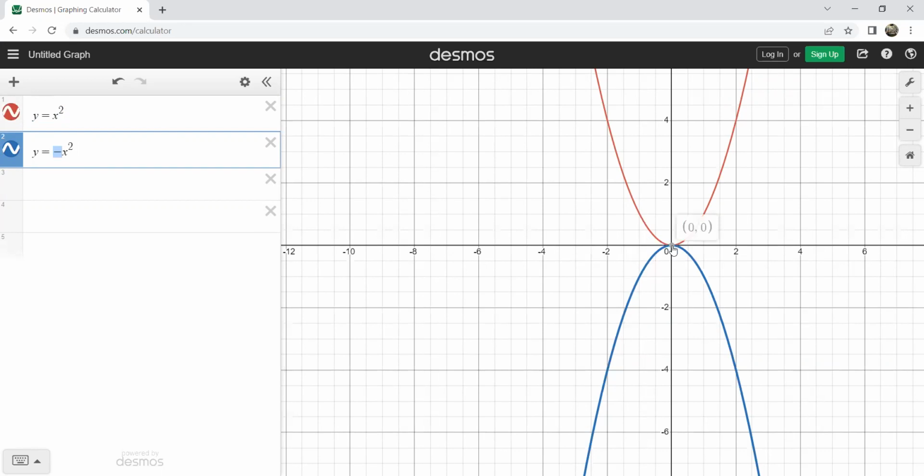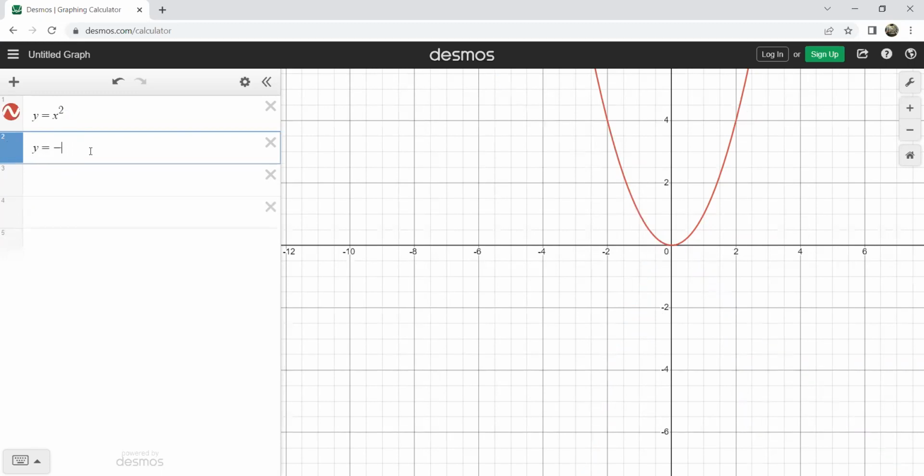It doesn't change the sign of the zero. So when you multiply your function, the y value, by a negative sign, you have reflection with respect to x-axis. Your graph was open up, now it is opening down. So multiplying y value by a negative sign gives you reflection with respect to x-axis.